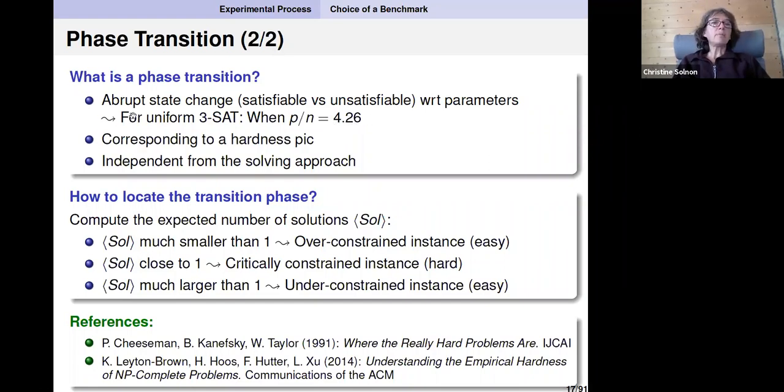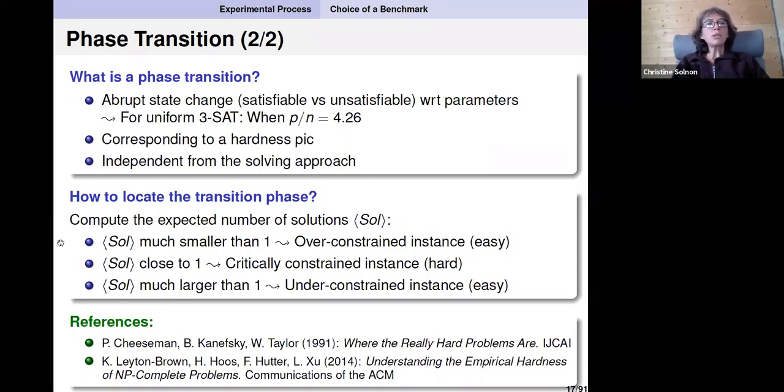And this state change corresponds to a hardness peak, which is observed for all solving approaches. Whatever approach you consider, this is also true for meta-heuristic approaches, you will observe the same hardness peak on the same instances.